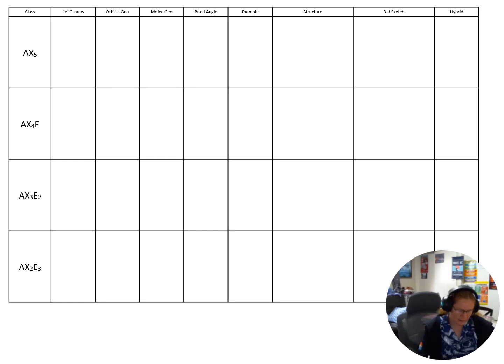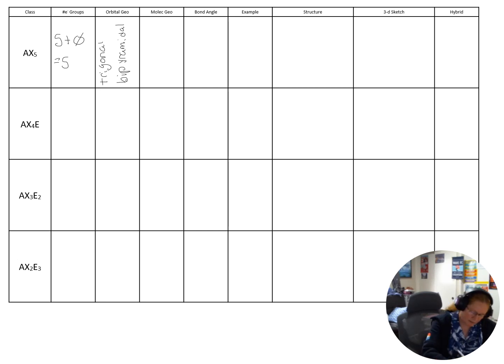All right, so I have 5 plus 0, so I have 5 total electron groups. So this is where we are trigonal bipyramidal. Okay, when everything's bonding, the molecular geometry is the same.